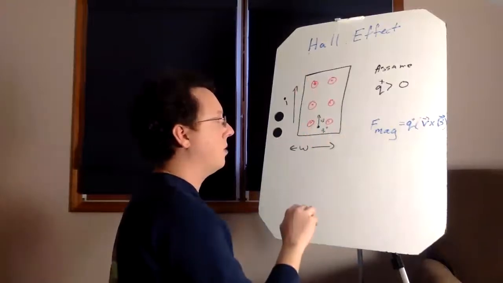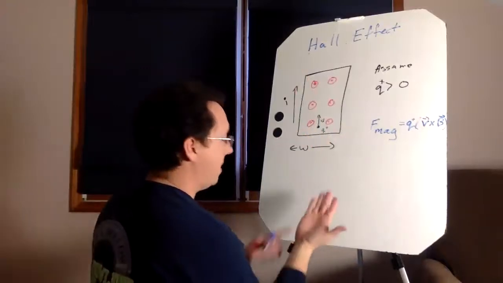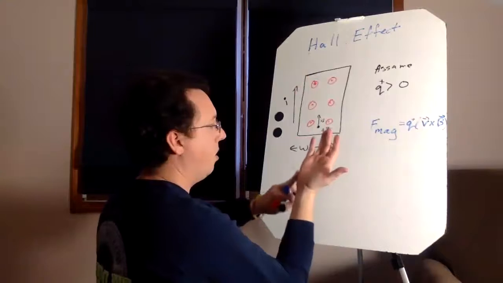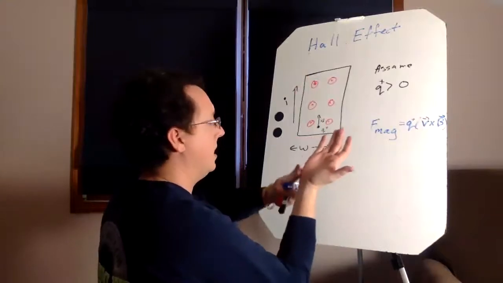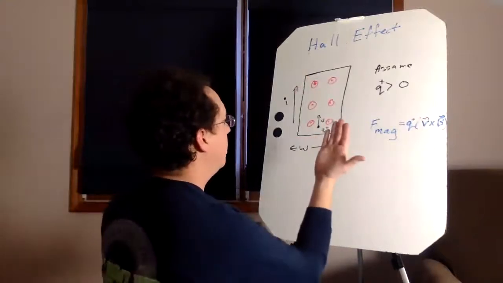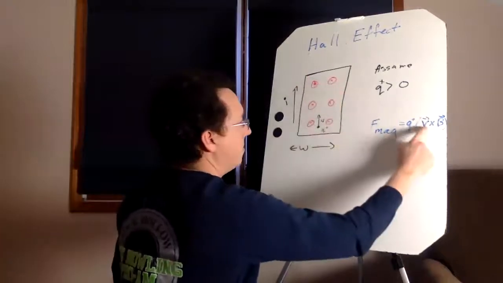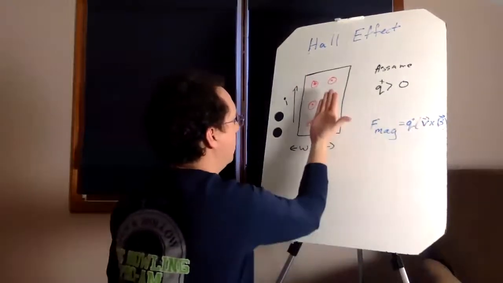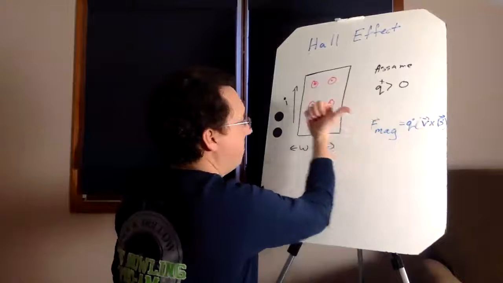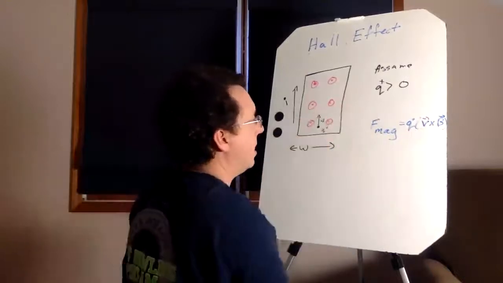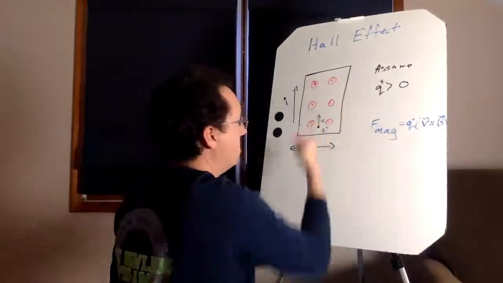So I have to work out the cross product. So I have to align the palm, or the heel, I guess, of your left hand with the velocity and curl your fingers from the velocity towards the magnetic field. Up, there. So the V cross B points to the right, and Q is positive, so the force is to the right.